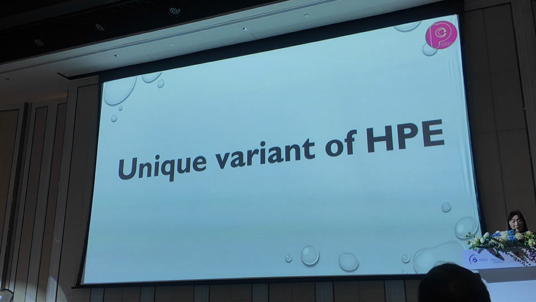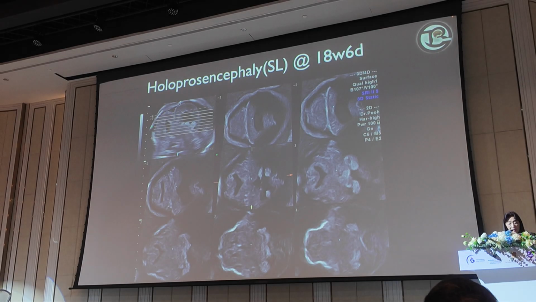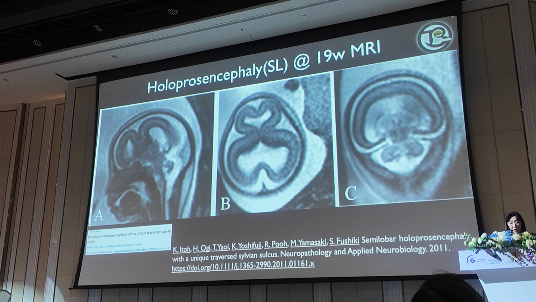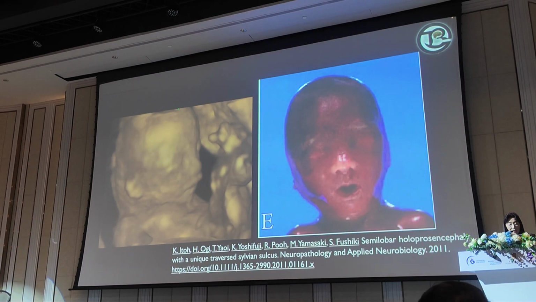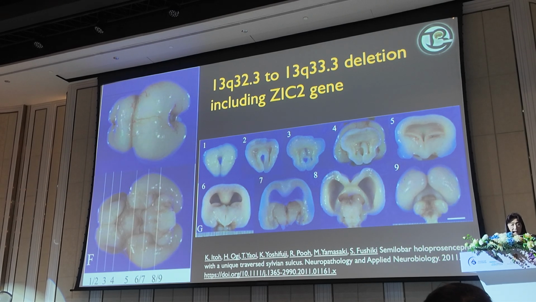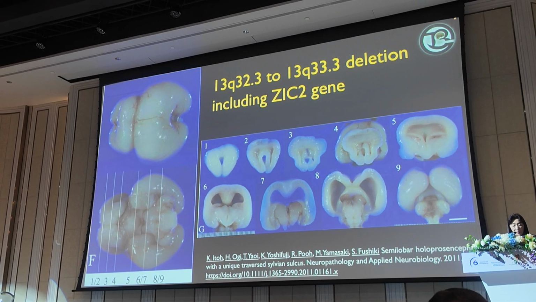variant of holoprosencephaly, and here this is the ultrasound, and this is the MRI, and we published this case, a very unique abnormal case of holoprosencephaly. This is one of the spectrum.